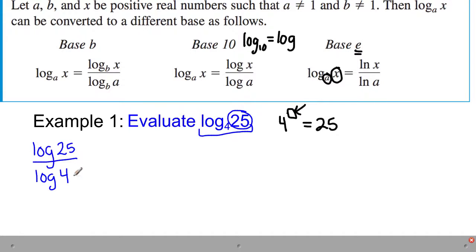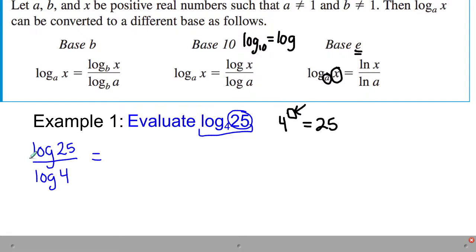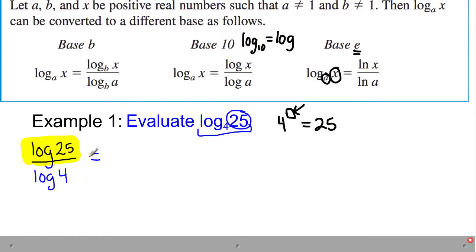So now that I've just rewritten this using the change of base formula, I can go ahead and get these values in my calculator. So if you look for the button log on your calculator, that approximately, so I'll change this to an approximation sign, it's not exact, but you get approximately 1.3979.